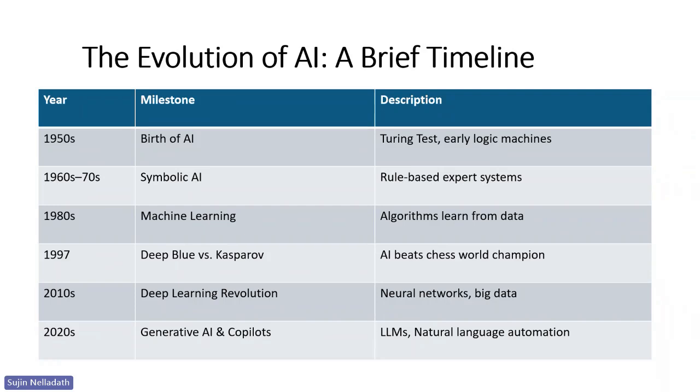We are still learning. What I was trying to say by putting this chart in front of you is that AI is not something new for us. We have probably started using AI recently, but it's been there for around 75 years. That's all about this slide.